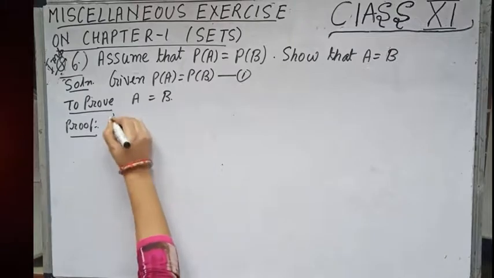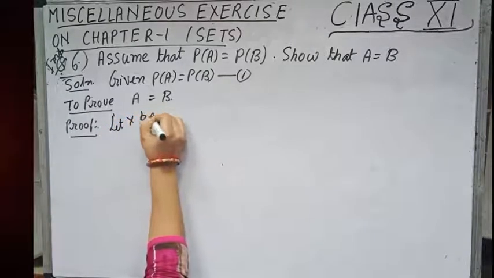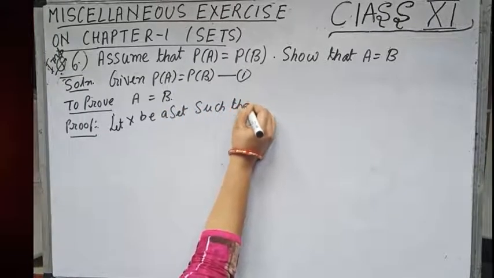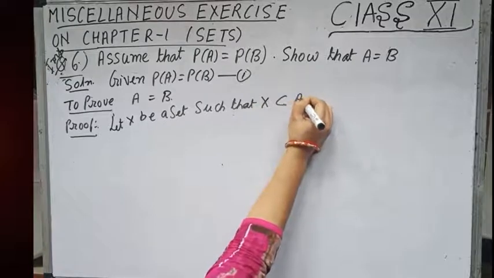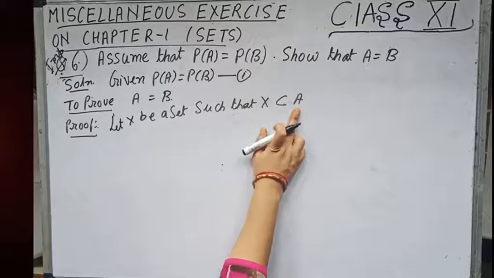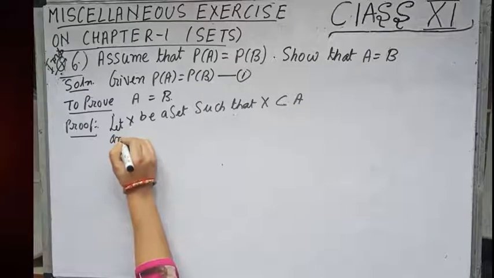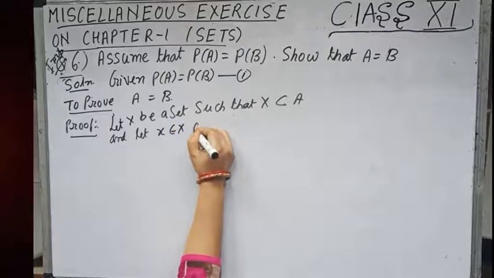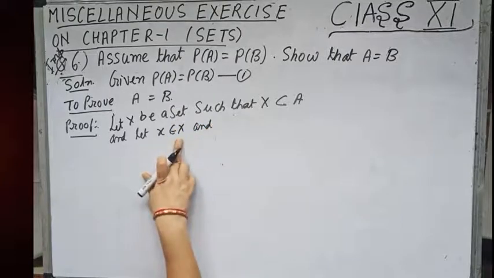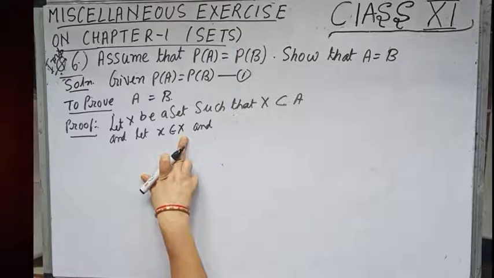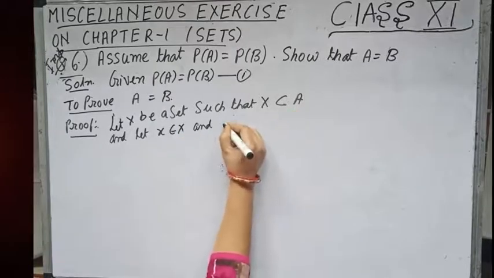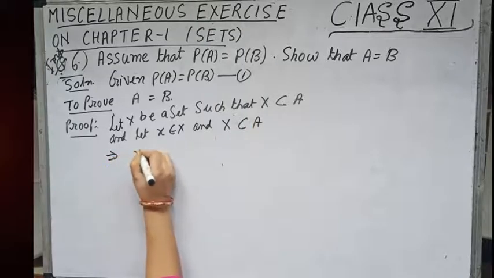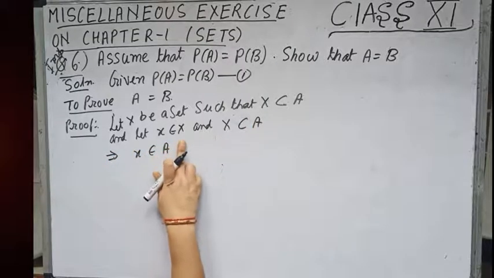Let capital X be a set such that this capital X is the subset of A. So obviously capital X will belong to the power set of A. And let small x belonging to capital X, an arbitrary element we are supposing in the set capital X, which is the subset of A, and capital X is the subset of A implies the small x belongs to capital A. I think you understand.